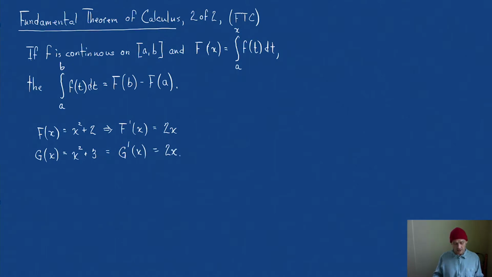So hold on a minute. Notice the derivatives are the same, but the functions are different. So that's what's interesting here. So let's say g of x also equals the integral from a to x of f of t dt.